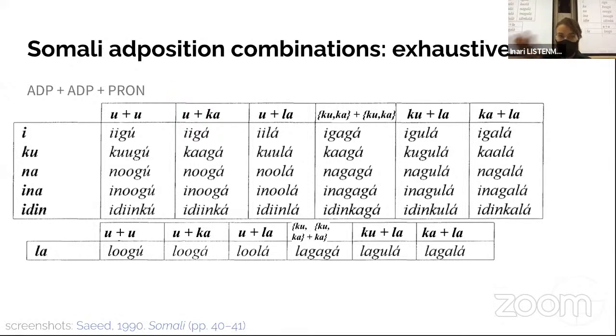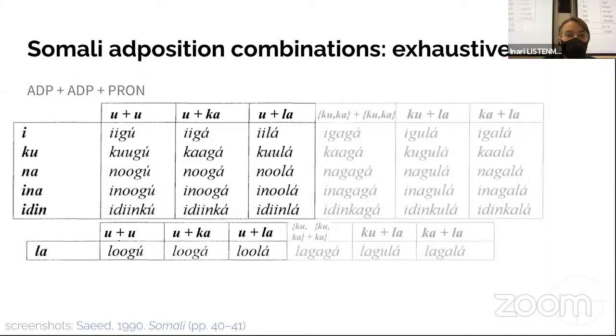So just a reminder, this is how these forms are constructed. And when I'm looking at these, I'm trying to determine the morphological complexity. Here the adposition u causes vowel lengthening in the pronoun. So like i plus u, it's ii now. And u in combination with a becomes o instead.